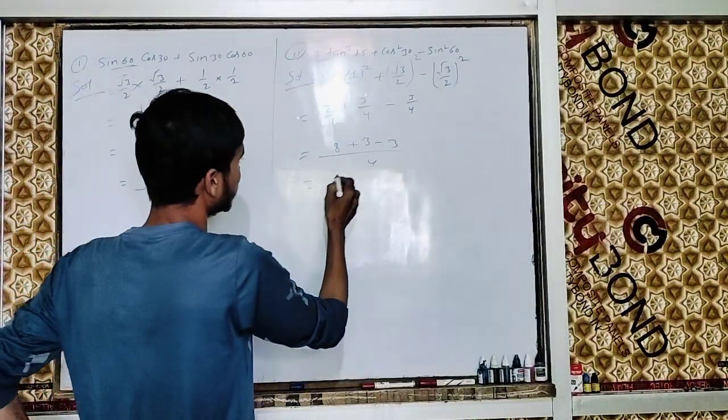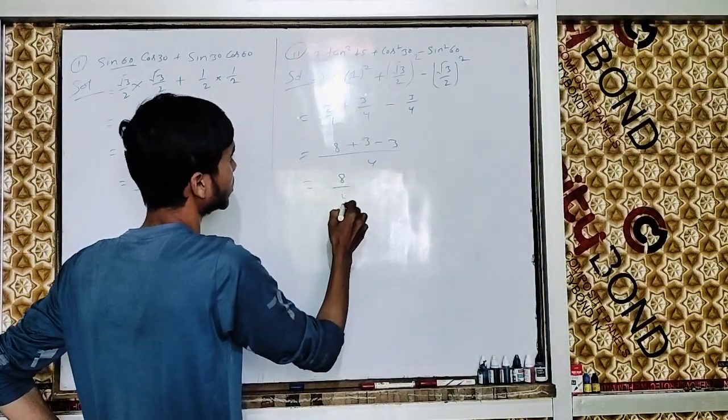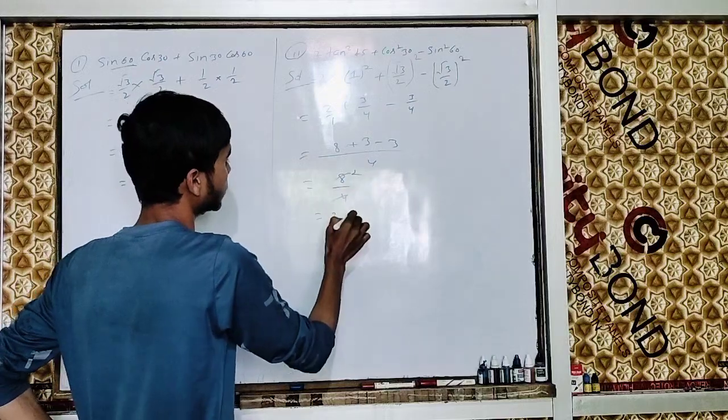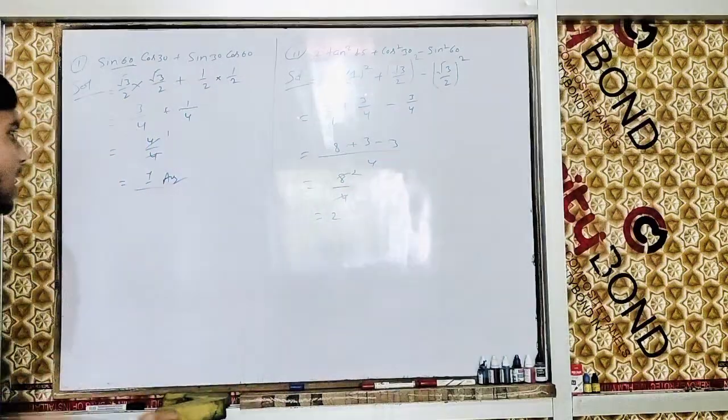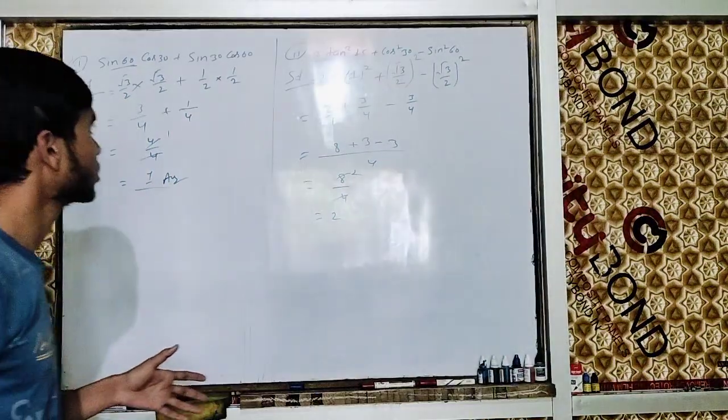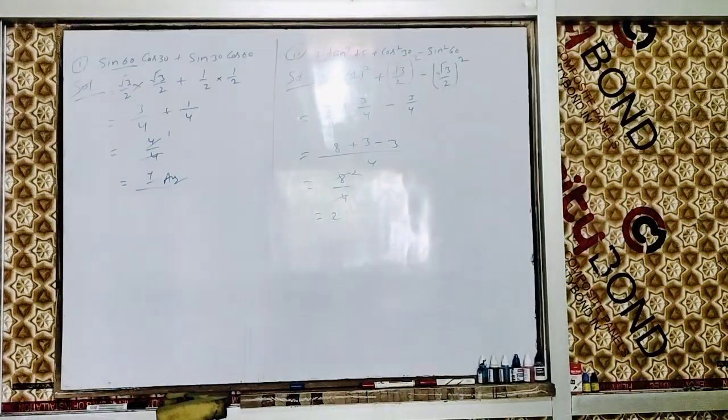As you know, it will become 8 upon 4. 4 2s are 8. This is coming 2. Is it the correct answer? Let me check. Yes, the answer is correct.